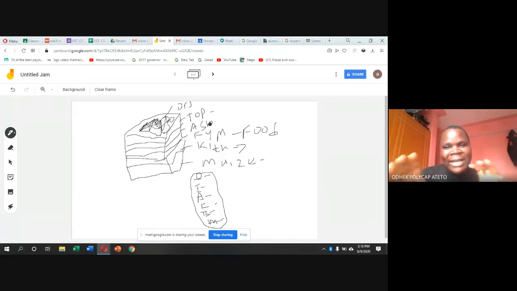Remember, when you get a diagram, make sure you know the functions of each part. So we are saying here, introduce bacteria, provide nutrients to the compost, food to the bacteria. Kitchen refuse is the main product to be decomposed, and maize stalk acts like a bed. So those are the main things.